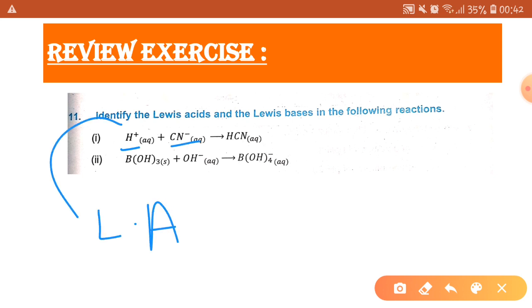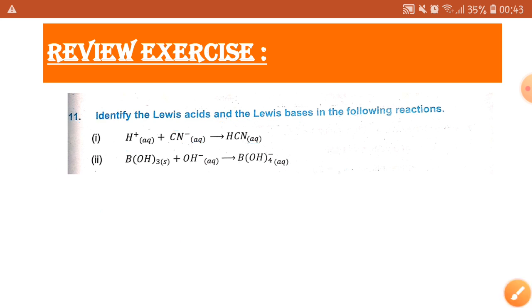The other reactant in this reaction is CN negative. Now this is carrying a negative charge, and a lone pair of electrons is present on both the carbon and the nitrogen atom, therefore it will act as a Lewis base in this reaction. So this species would be donating an electron pair to the hydrogen ion in order to form hydrogen cyanide.